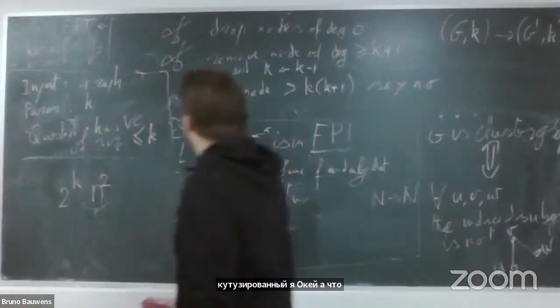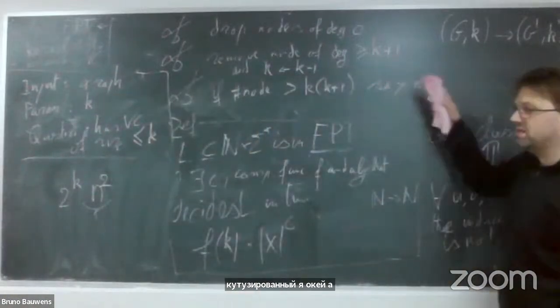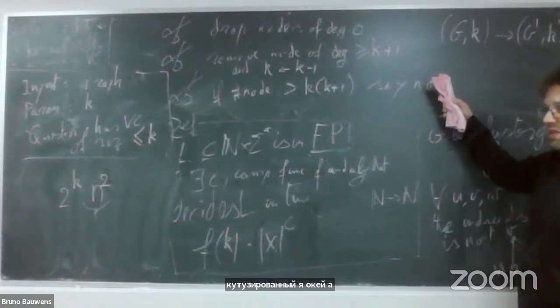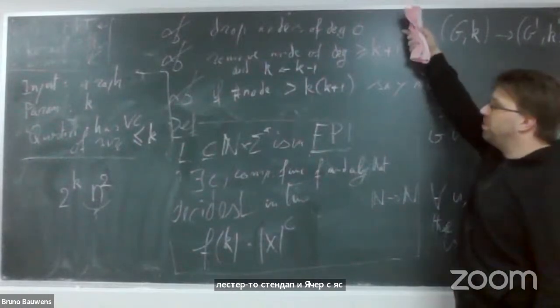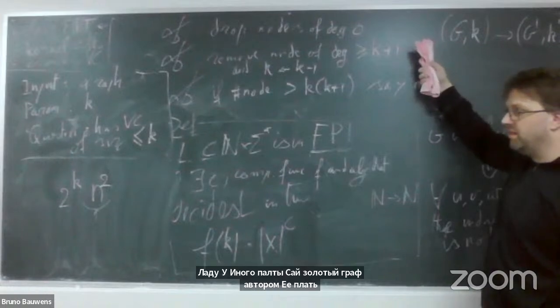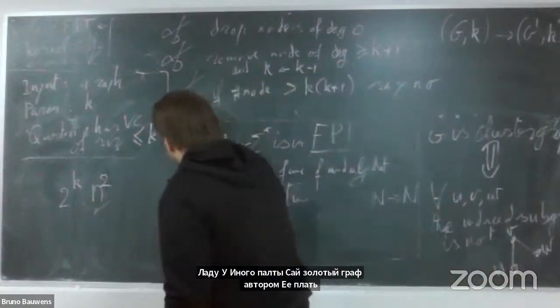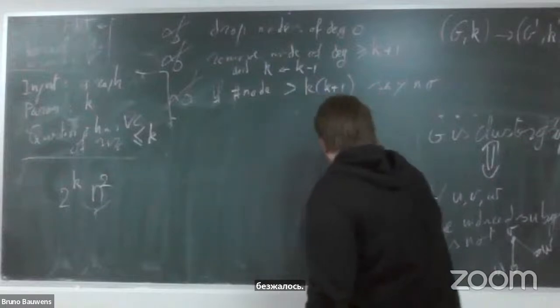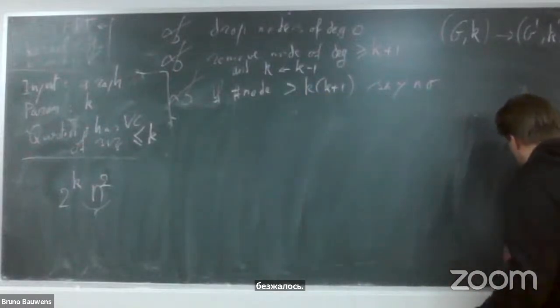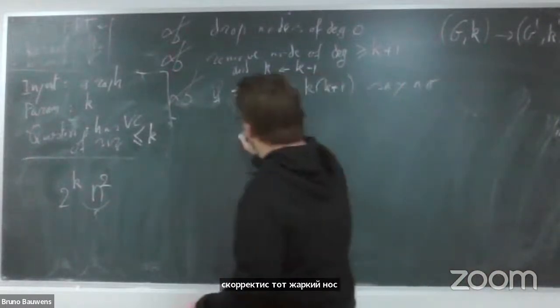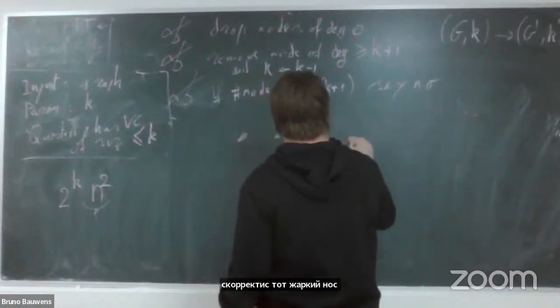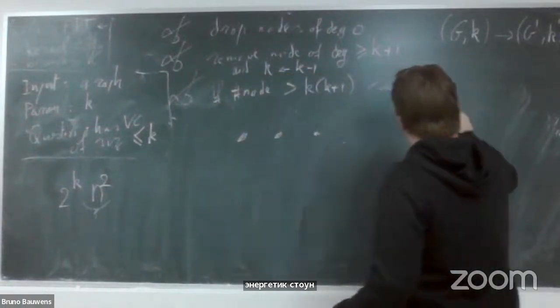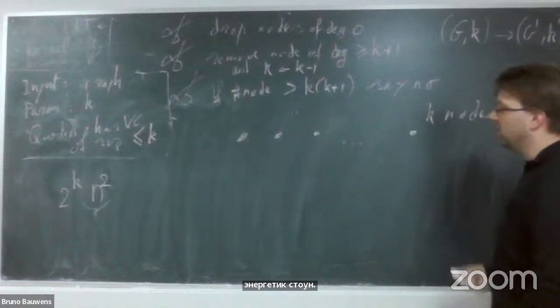Let us think that the answer is yes. What do we know about the size of the graph after we apply these rules? So let us think that a vertex cover exists. There are k nodes and they cover all the edges.